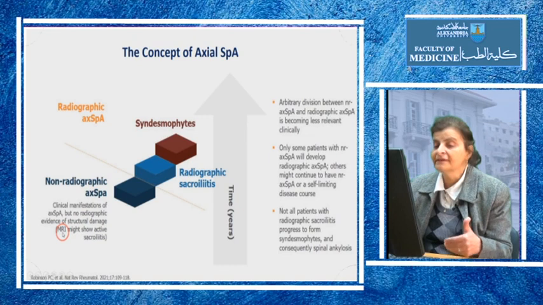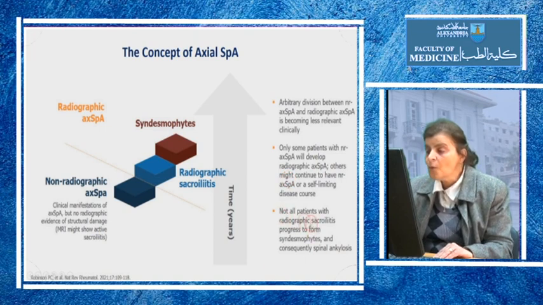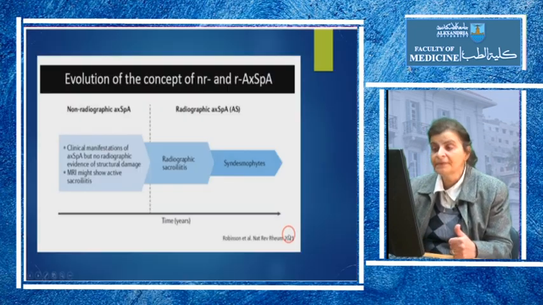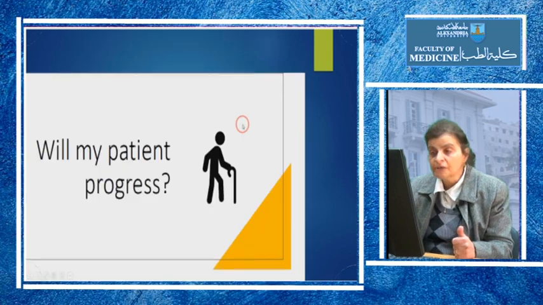The magnetic resonance imaging may, at this point, show active sacroiliitis, but the plain X-ray does not show any form of inflammation. And what is important to know is that not all patients with non-radiographic sacroiliitis will progress. Only a very small percentage will progress to the full-blown radiographic axial SpA. So as you see, it is a continuum.